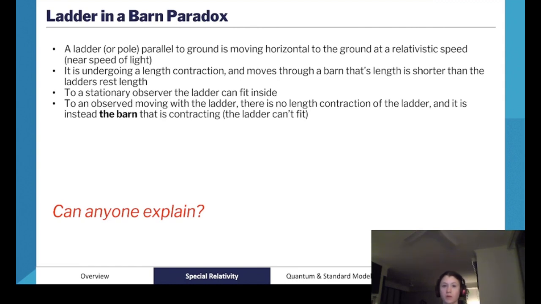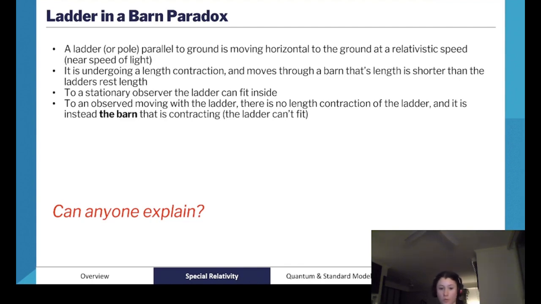So, to a stationary observer, the ladder can fit inside. But to an observer moving with the ladder, there is no length contraction of the ladder, and it is instead the barn that is contracting. Or in other words, the ladder can't fit. Right? Can anyone explain?